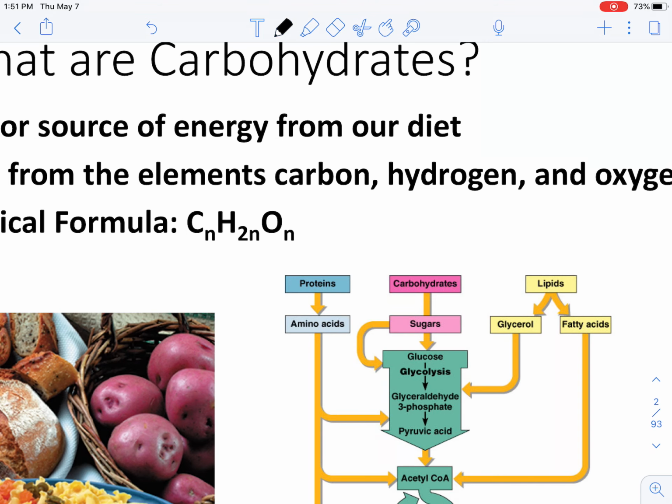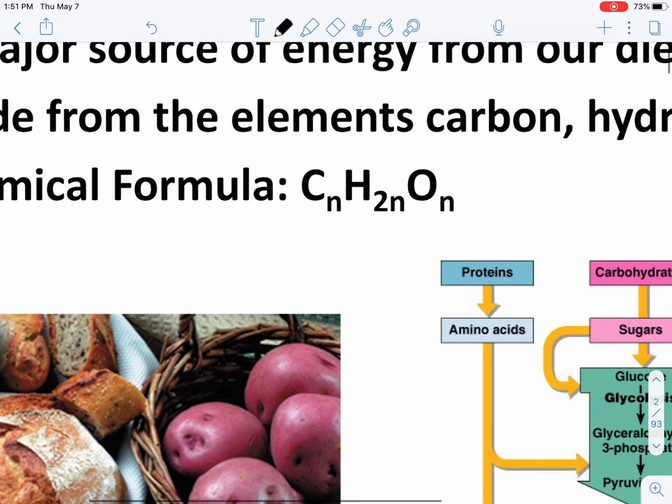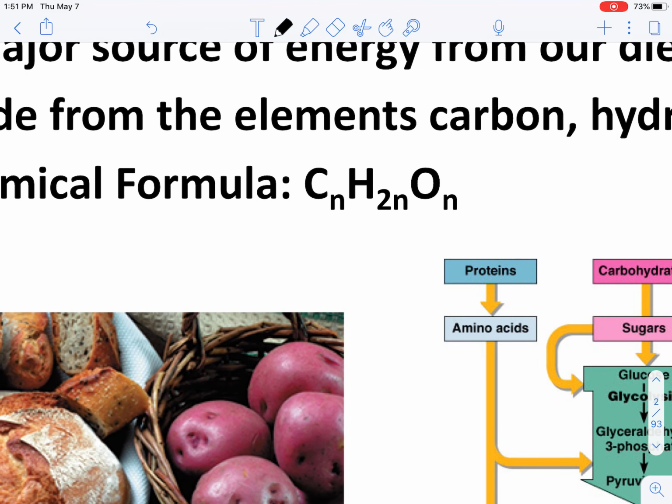What this is basically telling you is that if you have, for example, a 3-carbon carbohydrate, the number of hydrogens is just going to be double the amount of carbons. So this specific compound would have 6 hydrogens, and the number of oxygens would be the same as the number of carbons, so this is going to be 3 as well.